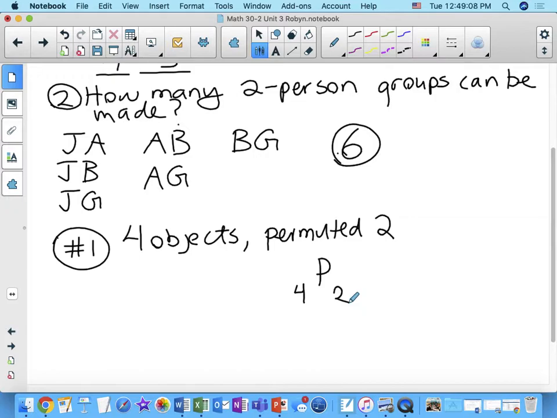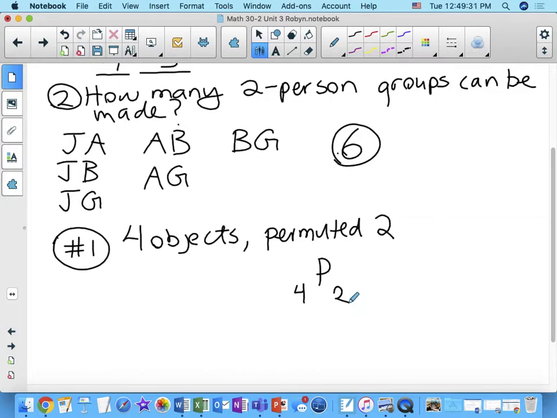Again, I would never actually solve this problem this way, but our goal here is not to try and solve a permutation problem using this formula. It's to be able to see why the combinations get reduced as compared to the permutations.